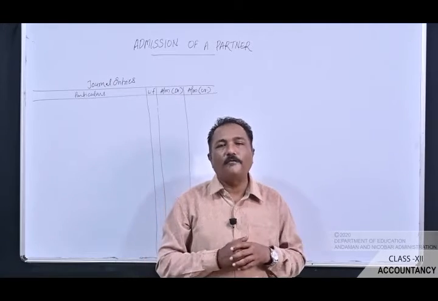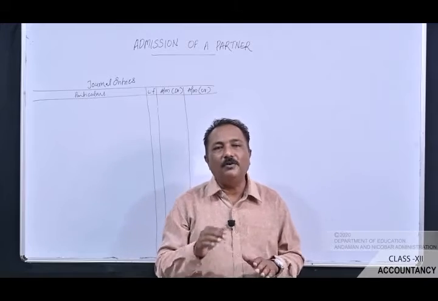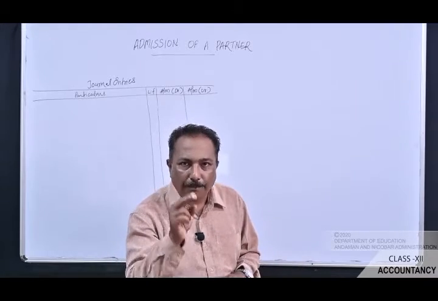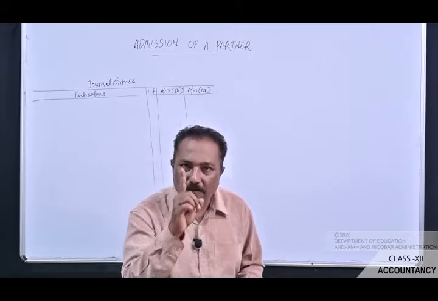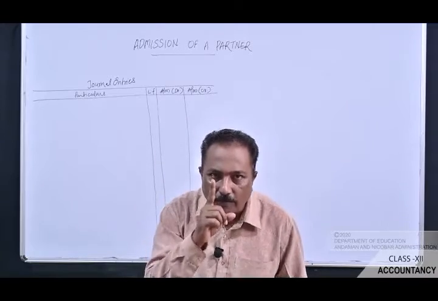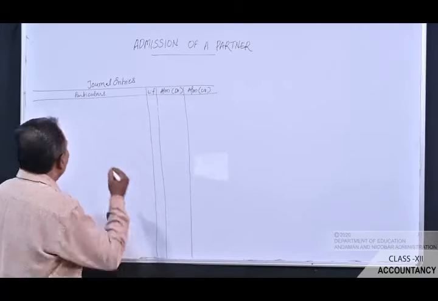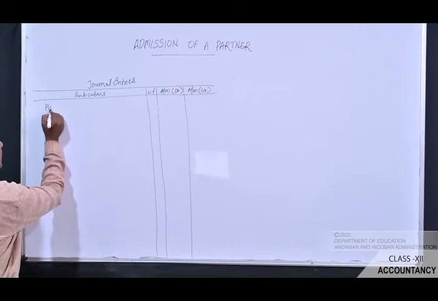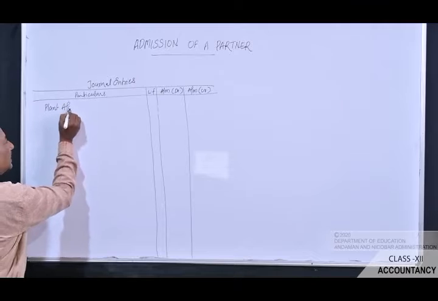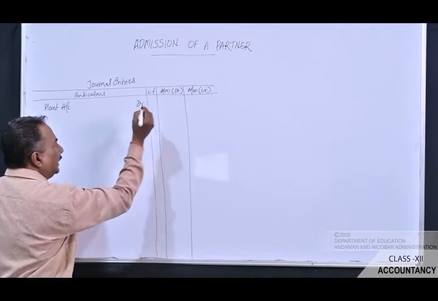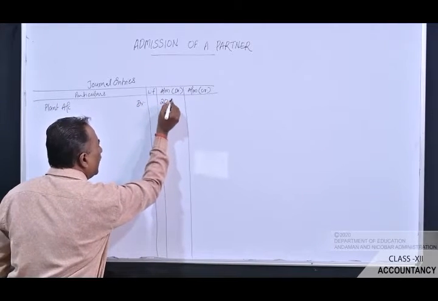While comparing these two figures, we can say that the value of the plant has increased by rupees 20,000. If the value of plant has increased, then you will have to debit that particular asset.